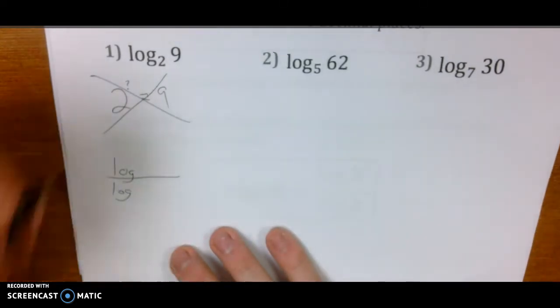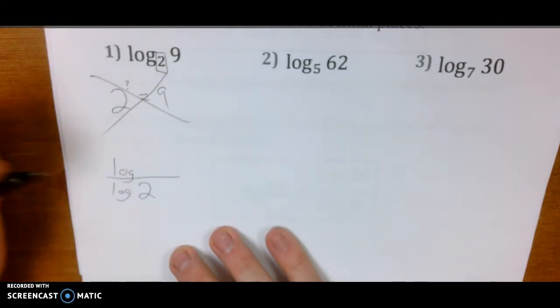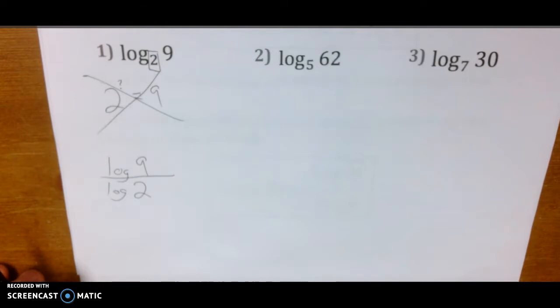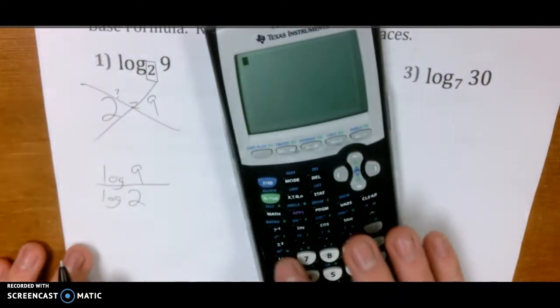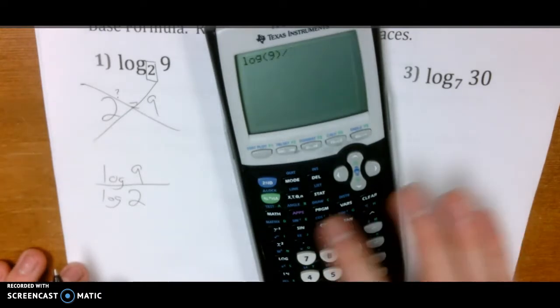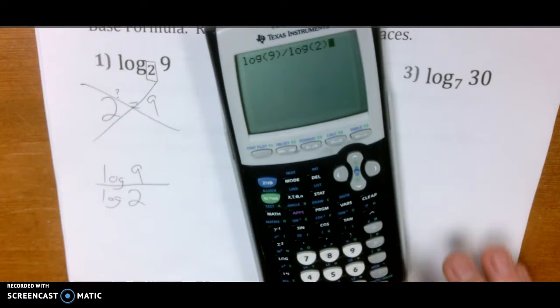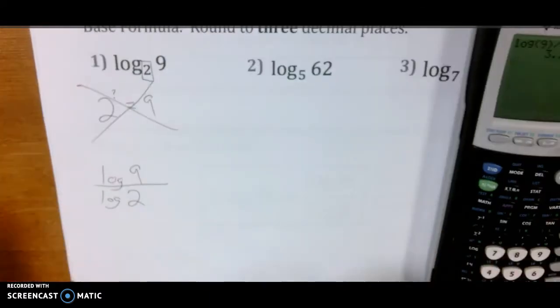Well, if I remember, the base is always on the bottom. The base was 2. I'll put 2 on the bottom, which then means 9 is up top. From here we go to our handy dandy calculator, and we just type in log 9, close out those parentheses, divided by log 2, and that should be 3 point something. 3.1699, we'll call that 3.17.